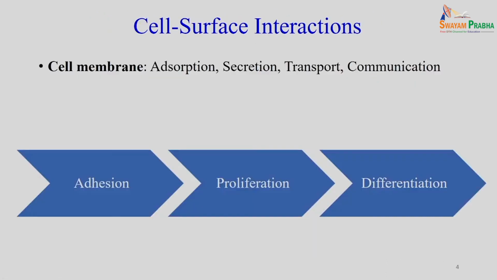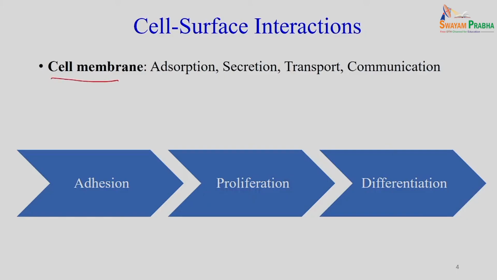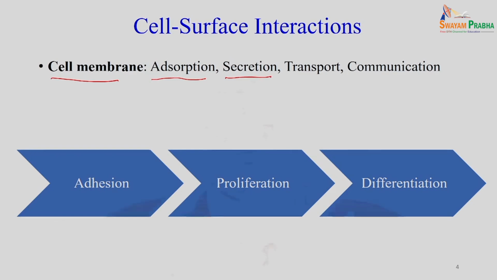So, when a cell comes into contact with the surface, contact takes place between the outer layer of the surface and the outer layer of the cell, we can say the cell membrane. That interaction between the cell membrane and the surface decides the nature of adsorption of the cell, whether the cells are going to secrete some particular proteins, particularly the extracellular matrix.